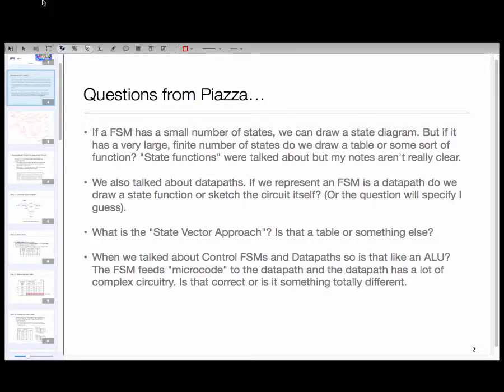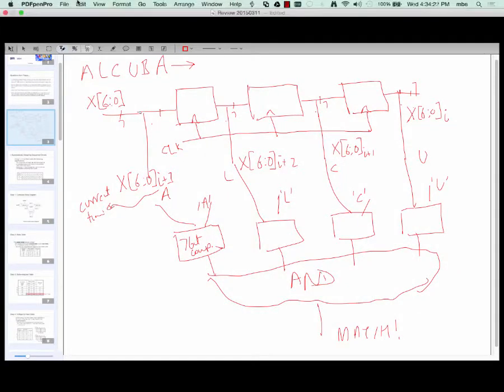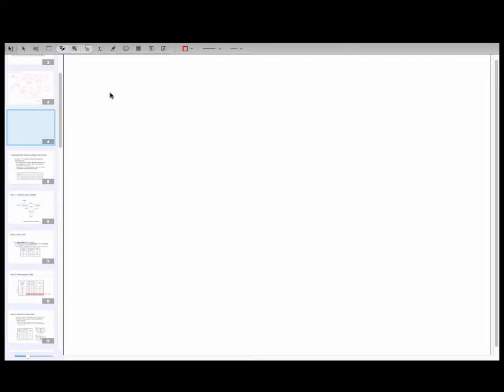So what ends up happening in many of these systems then is, let me open another blank page, I guess. I can have many FSMs, FSM1, FSM2, and they can talk to each other.